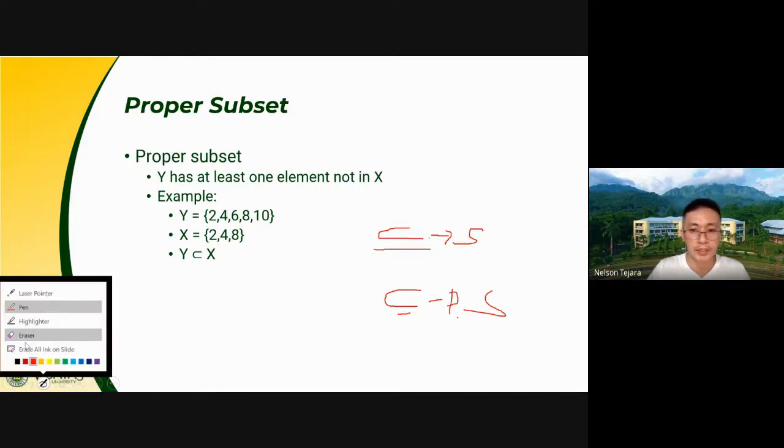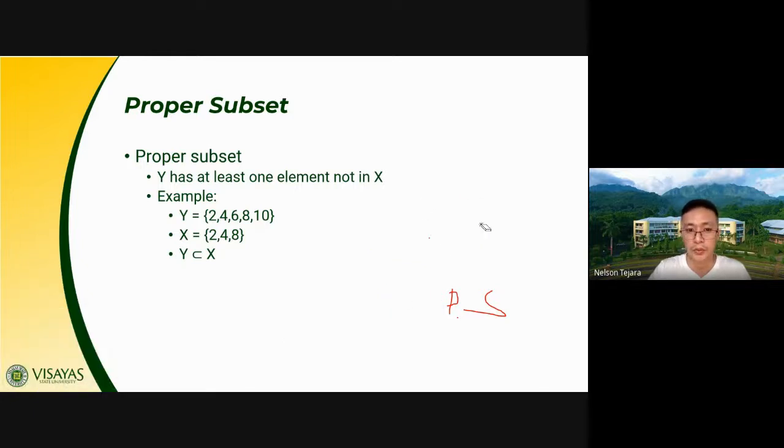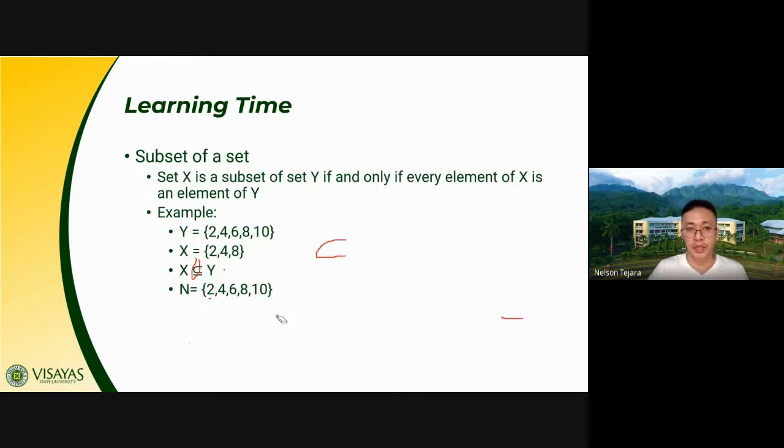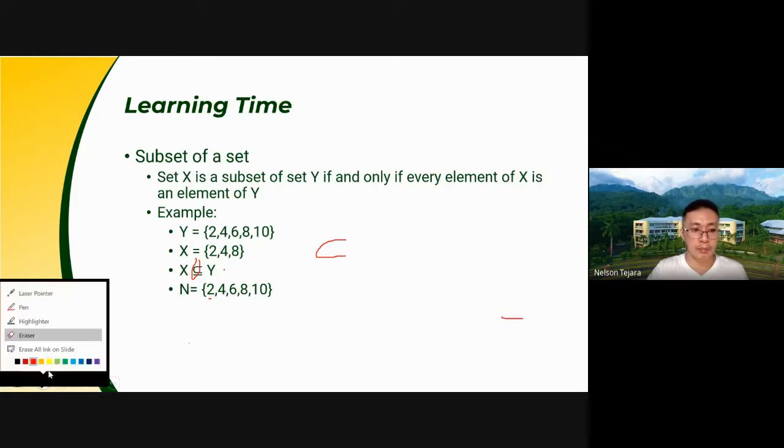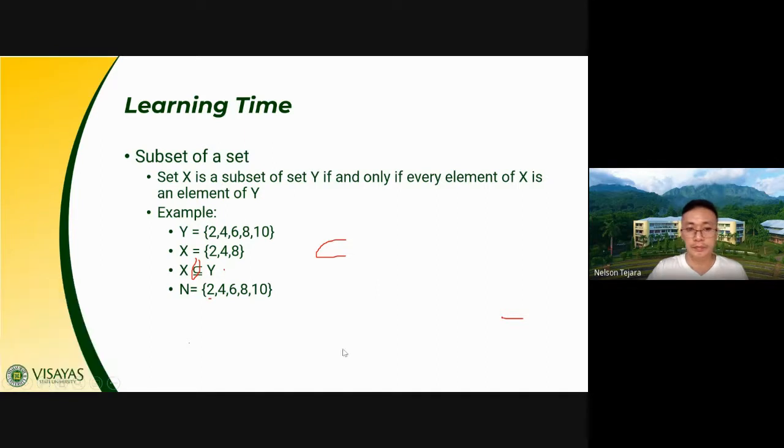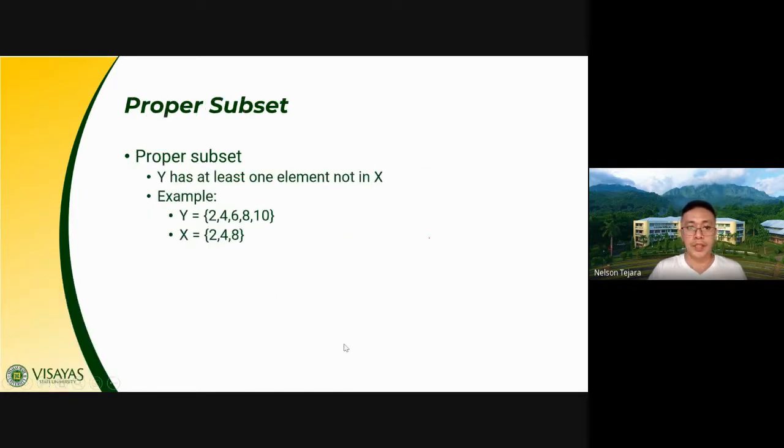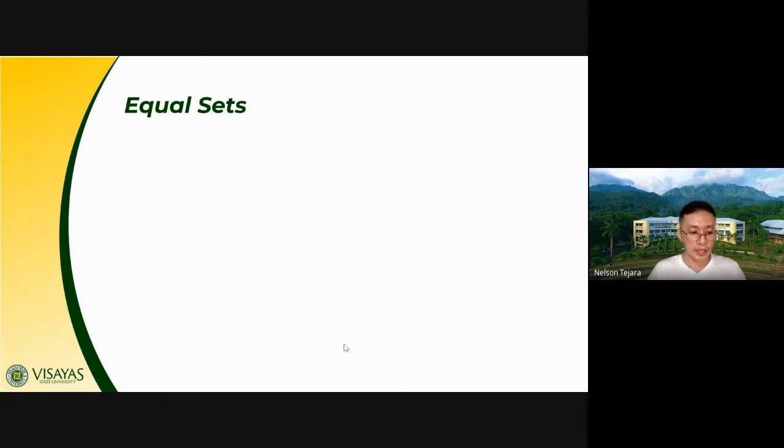I do hope, class, that you follow the symbols. This one is the symbol for proper subset, while this one is the symbol for subset. This one has an element which is not in X. How about equal sets? When can we say, class, that two sets are equal?